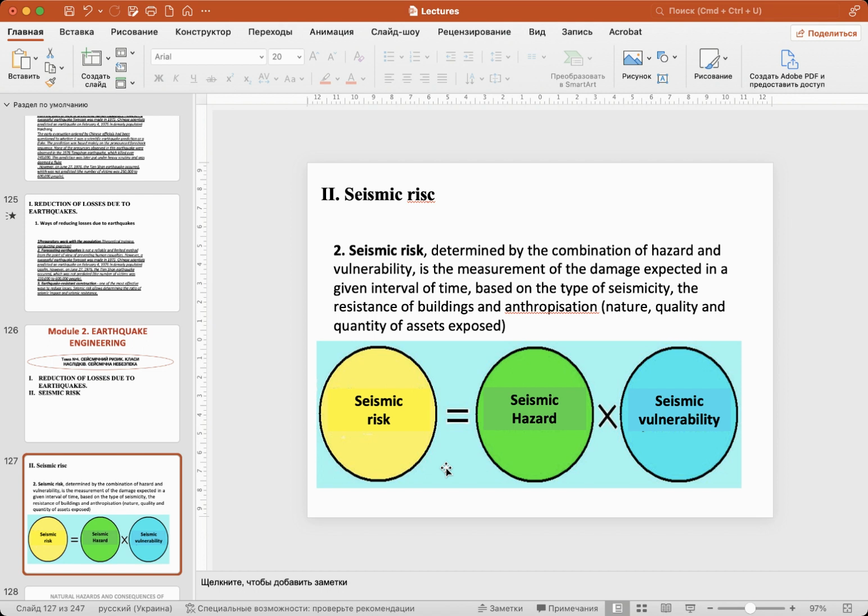So that is why the result of multiplication of seismic hazard by seismic vulnerability in Japan and Odessa is almost equal, because seismic risk is not only about the earthquake hazard. Seismic risk is also about seismic vulnerability. Is that clear? Do you need any extra explanation?